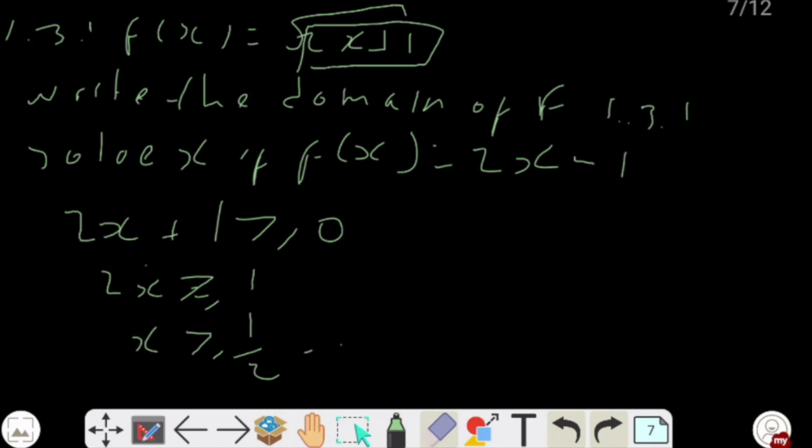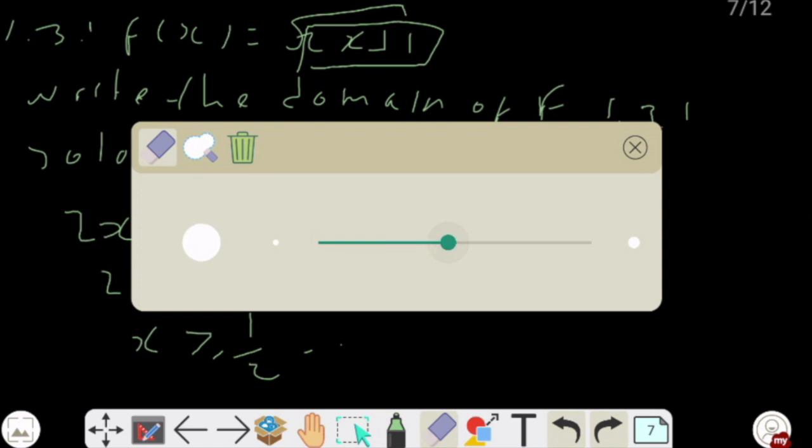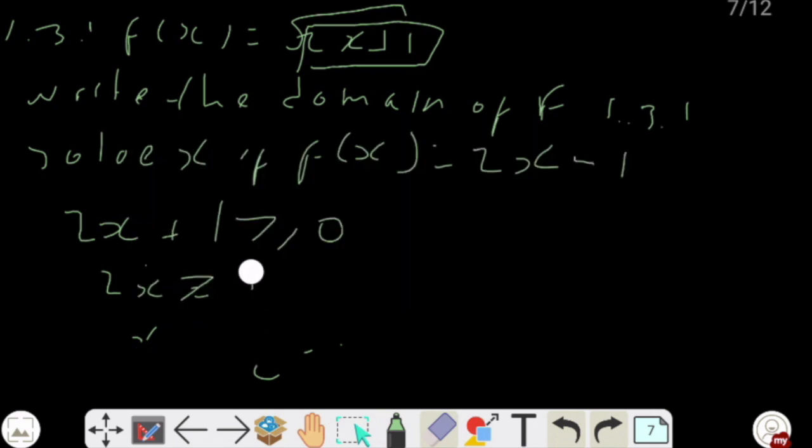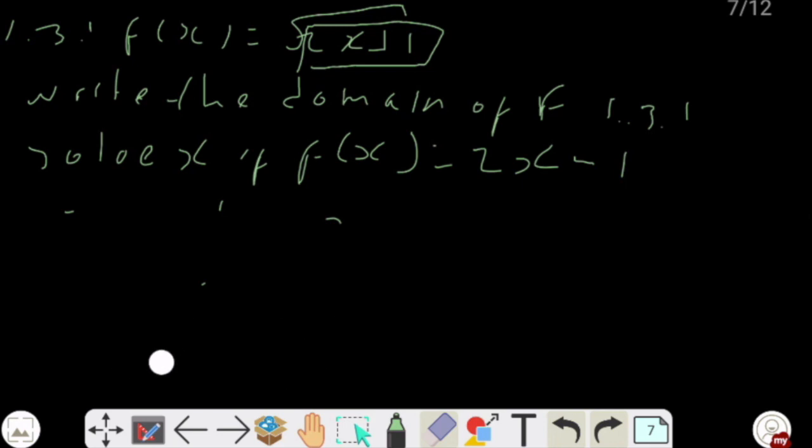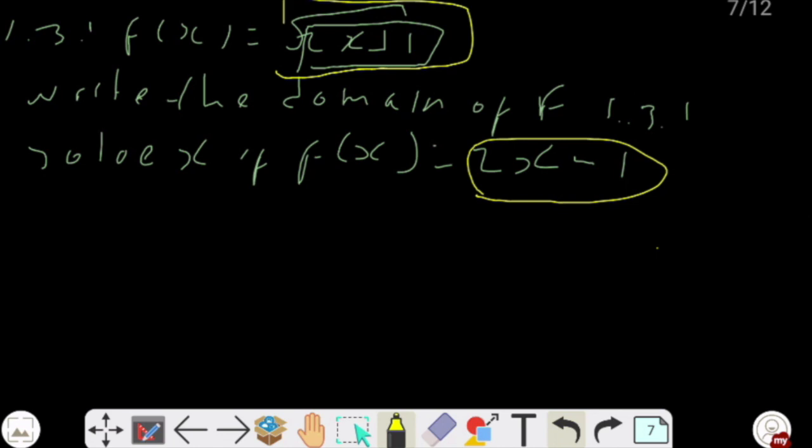Now, the follow-up of this question, they say solve for x if f of x equals to 2x minus 1, meaning you can equate f of x to this equation here.